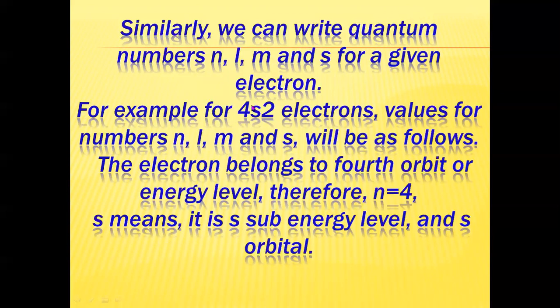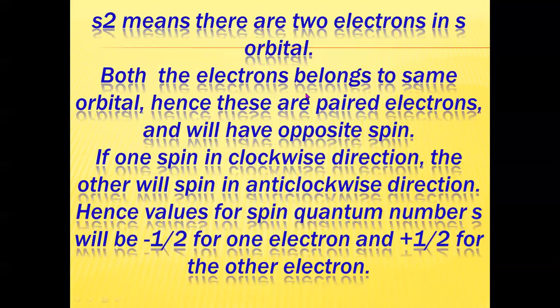Since it is an s sublevel, l will have the value 0. And in the s sublevel we have the s orbital, because when l is equal to 0, m is equal to 0. Both l and m have value 0. And in that orbital, 2 electrons are there. Therefore, we can assign plus half and minus half to them.